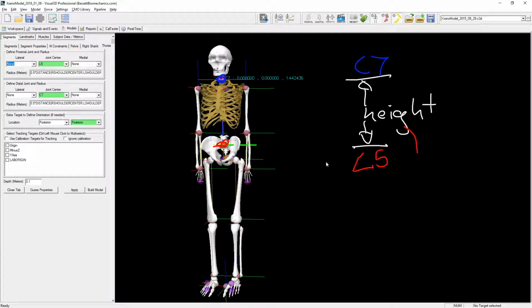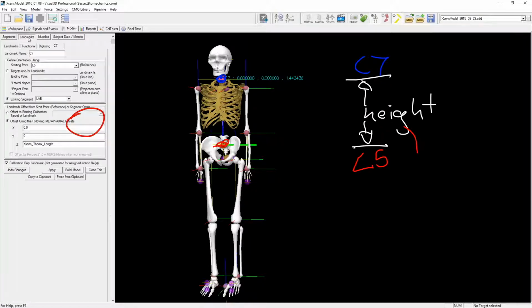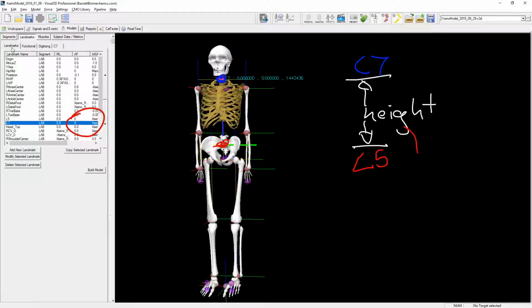We then define another landmark, in this case the posterior landmark, which, if we look at landmarks, we go ahead and highlight it as posterior.